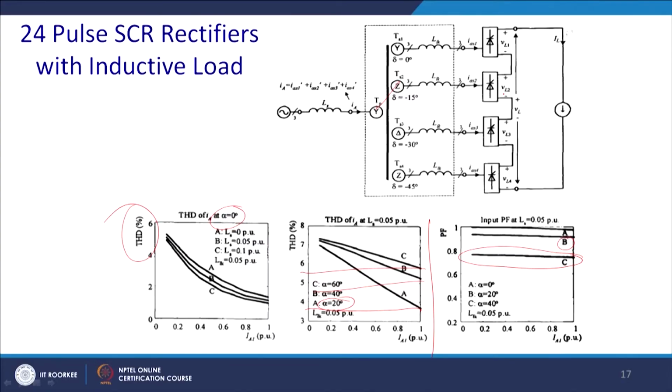So we require to ensure that we check whether there is any DC component, or traces of DC component, in any of the current paths of your circuit. Accordingly you require to adjust the triggering angle and eliminate the DC portion of it, otherwise you are going to saturate the transformer core.